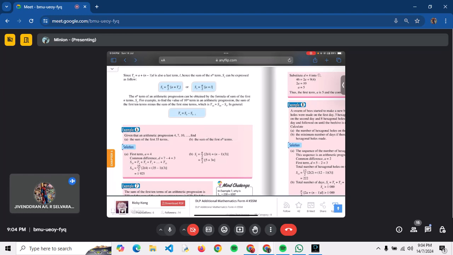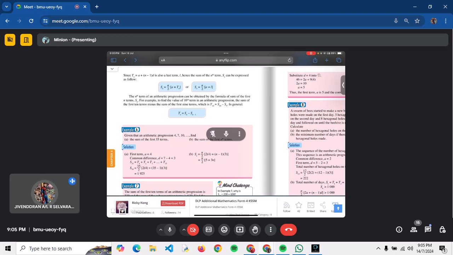Okay, the sum of the first n terms. They're asking for the first n terms, but they didn't give any other information, like what the total Sn is, so you can just leave the answer in terms of n.